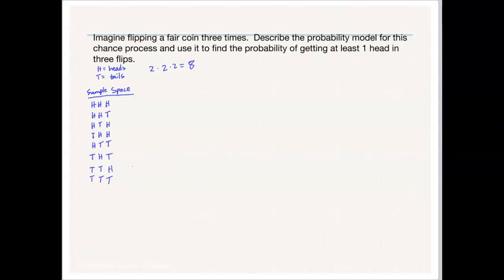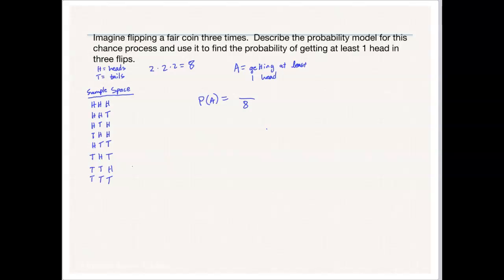All right, so now they want us to find an event. Let's call it A. I'm going to call A getting at least one head, right? So I want to find the probability of A. There are 8 total outcomes, so my probability is going to be out of 8.